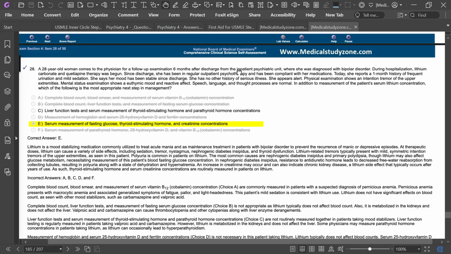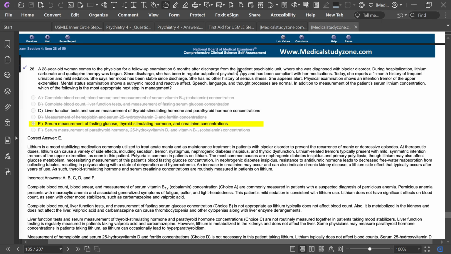At therapeutic doses, lithium can cause a variety of side effects, including sedation, tremor, nystagmus, nephrogenic diabetes insipidus, and thyroid dysfunction. Lithium-related tremor typically presents with a mild symmetric intention tremor of the upper extremities.